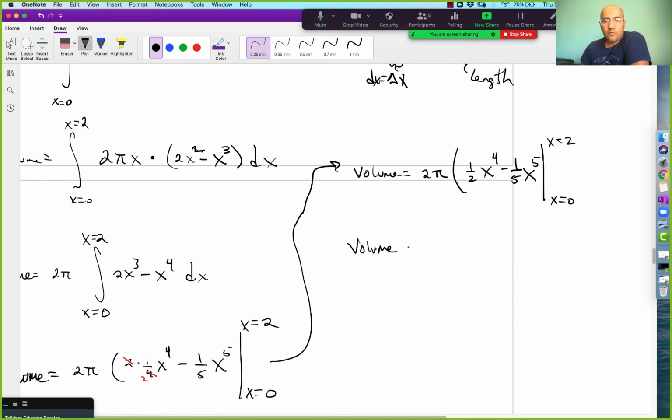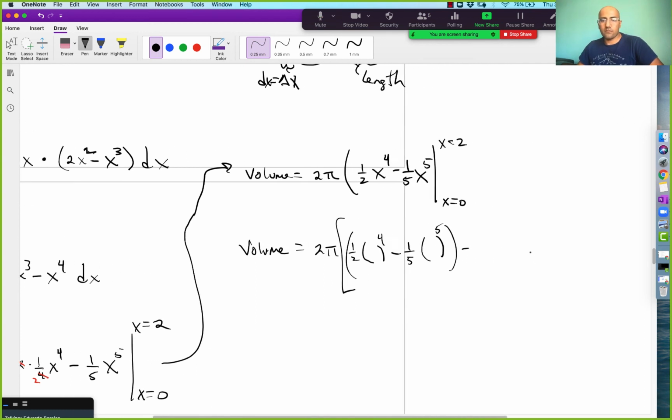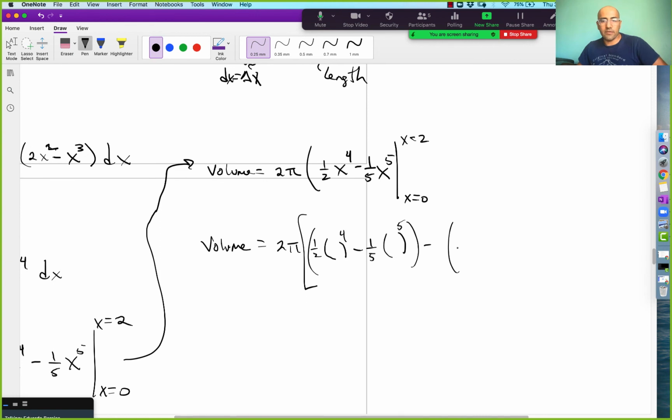So the volume equals 2 pi, bracket, and it'll be 1/2 something to the 4th minus 1/5 something to the 5th minus, luckily this is going to be a 0, so I really shouldn't even bother with it, but just to make sure people are still following where we're at.